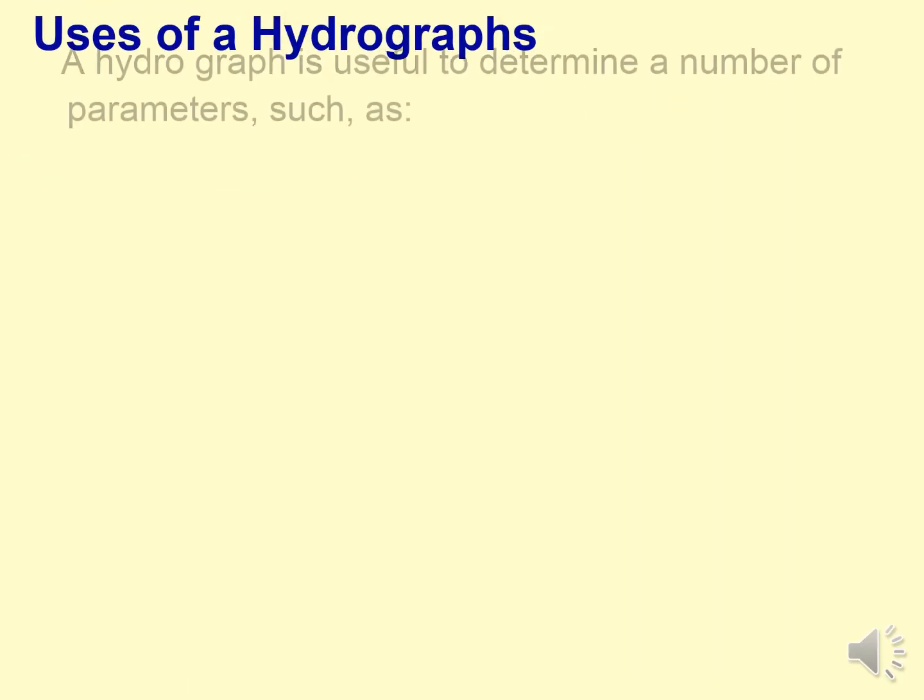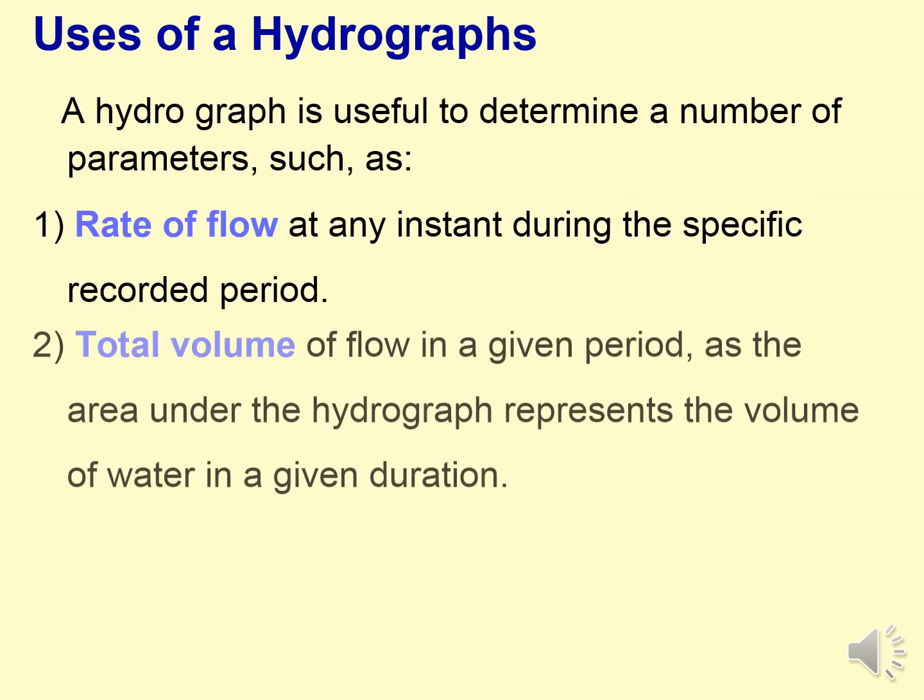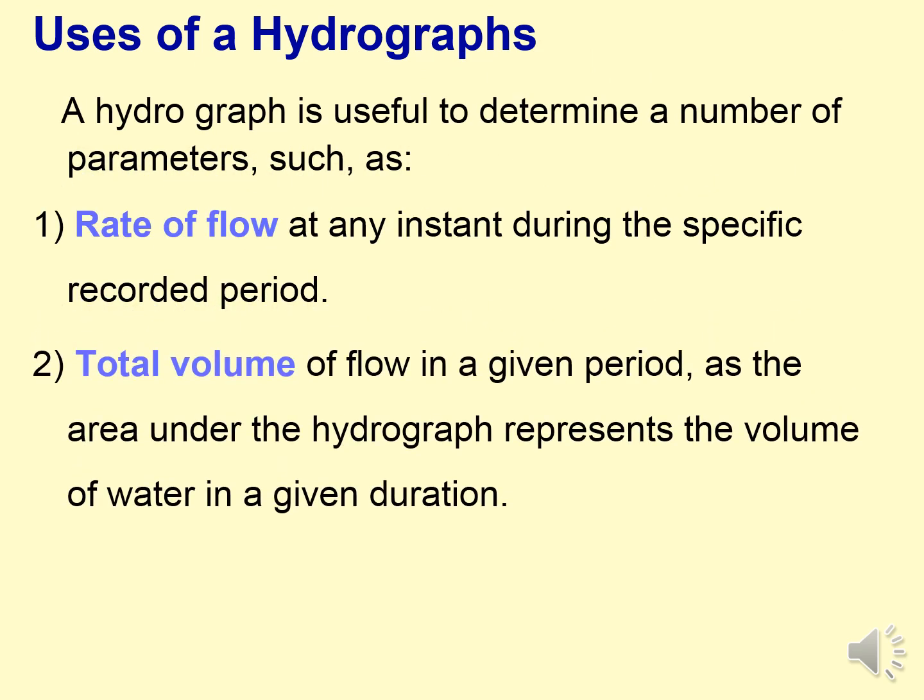So use of hydrographs. The hydrograph is useful to determine a number of parameters such as rate of flow at an instant during a specific recorded period, total volume of flow in a given period, as the area under the hydrograph represents the volume of water during that duration.